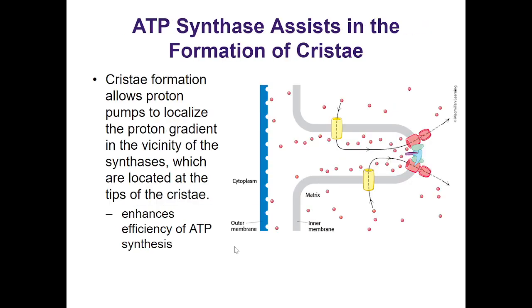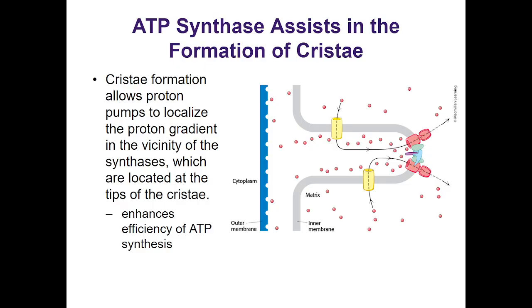Okay, so the cristae formation is going to allow the proton pumps to localize the proton gradient in the vicinity of the synthases, which are going to be located at the tips of the cristae.